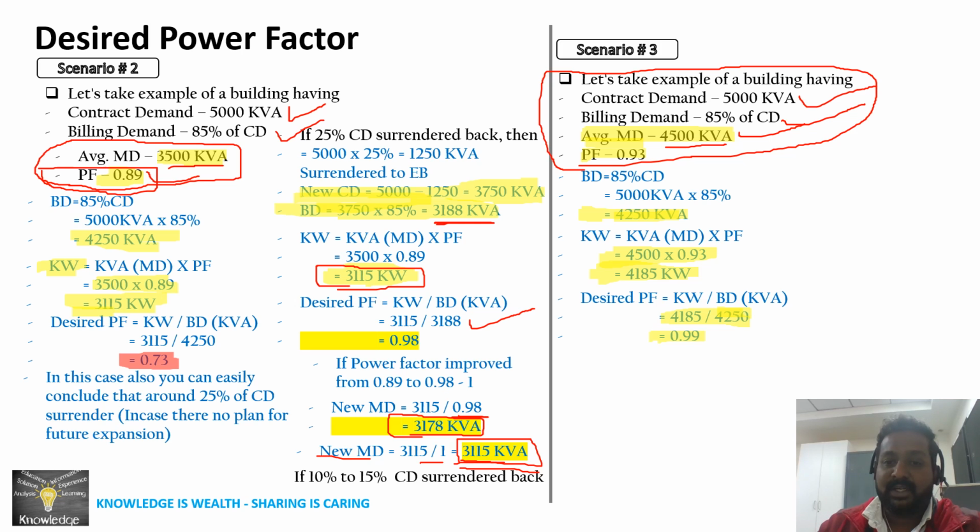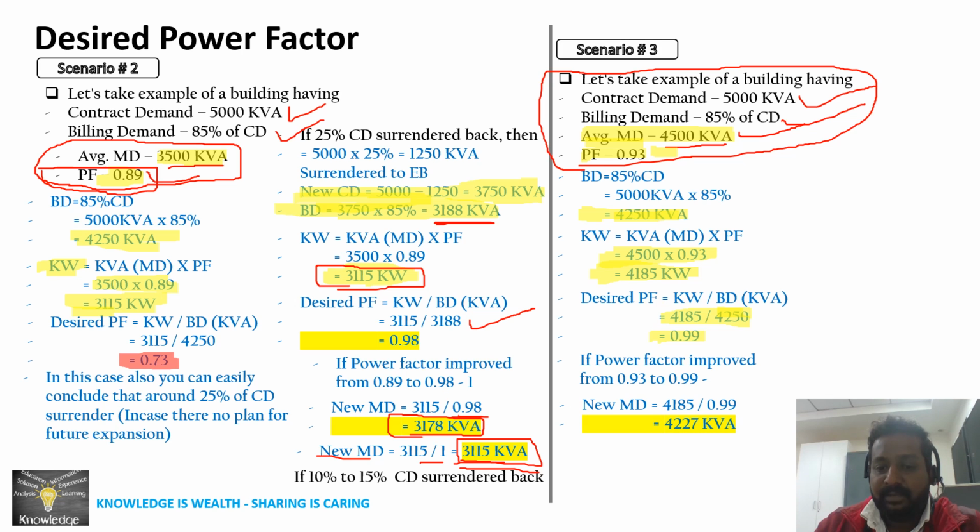Okay, but we are operating at 0.93. What if we improve our power factor from 0.93 to 0.99 or unity power factor? What is the impact? Let's check. If we improve our power factor from 0.93 to 0.99, then our new maximum demand in kVA will be 4185 kilowatt divided by 0.99 power factor, that is 4227 kVA.